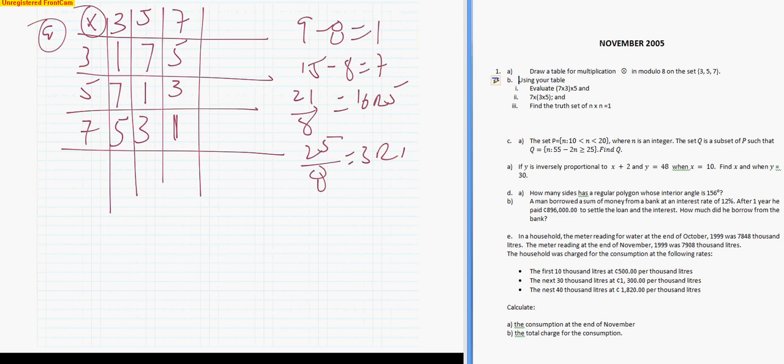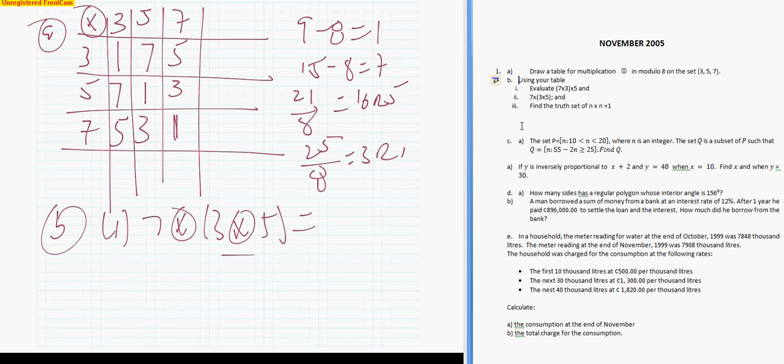That's part B. Part B, using your table, evaluate 7 star 3 star 5. So B part one is 7 times 3 times 5, and you're going to do this one first. 3 times 5 in modulo 8 is 7, right?